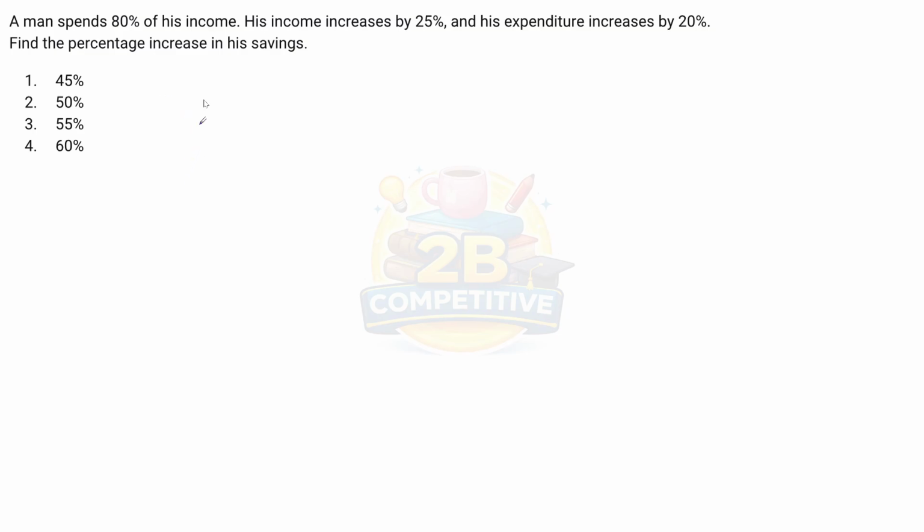Next, a man spent 80% of his income. His income increased by 25%, expenditure increased by 20%. Find the percentage increase in his saving. So income, let's say 100, spends 80%, so expenditure 80, so saving will be 20. Now income increased 25%, that means 125.